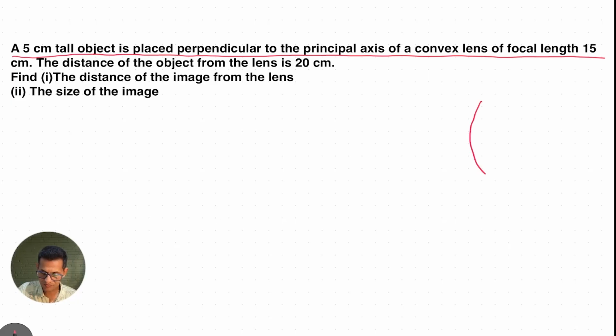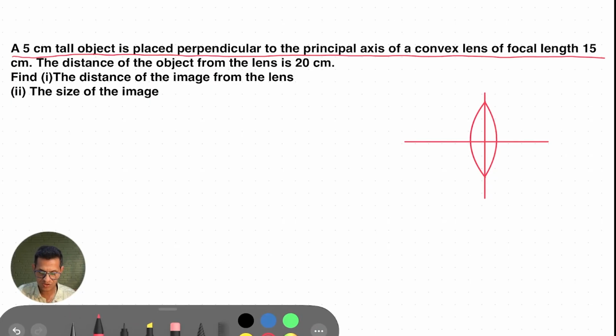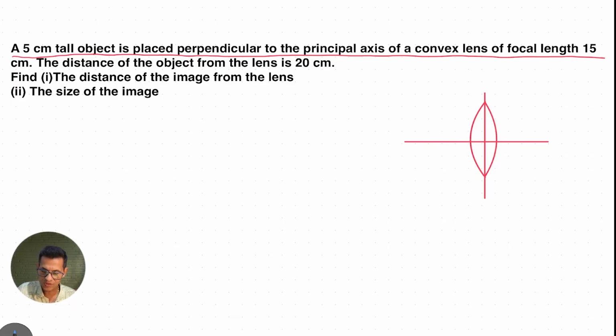Let me draw a rough diagram. I'll draw a convex lens here. This is the principal axis or the x-axis. This is the y-axis. Now, just like mirrors, you have to assume that the optical center of the lens is at 0, 0, which is here.